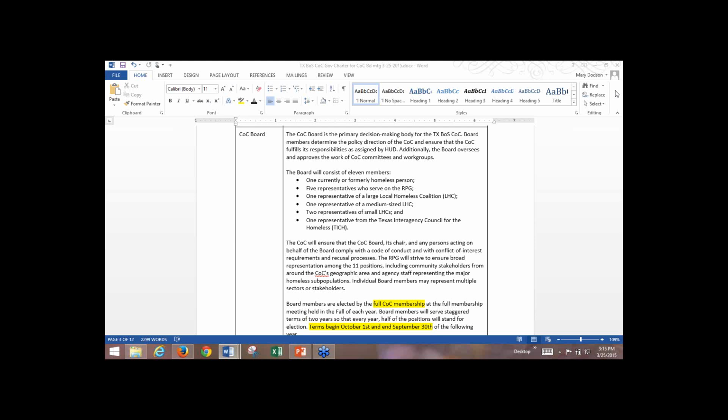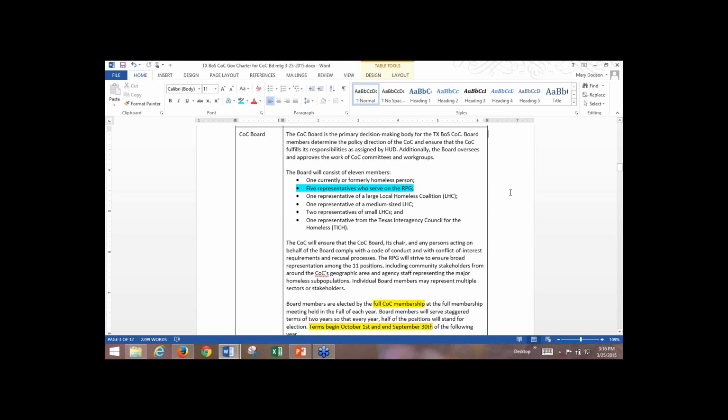So if you'll notice, I don't have access to highlight this, but on the page that Mary is showing right now on the proposed governance charter, under the second bullet, there's a listing of 5 representatives who serve on what I'm now calling the Coalition Representative Planning Group.